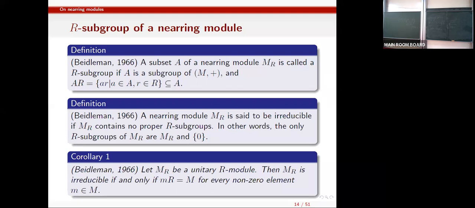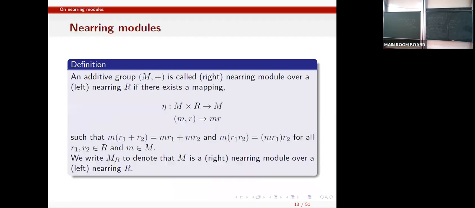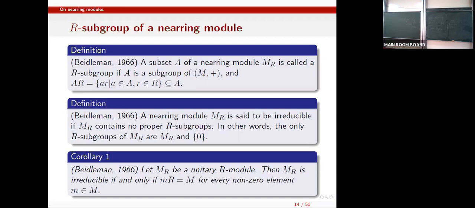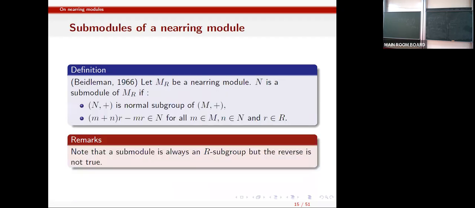What we call an R-subgroup here is a subgroup of the near-ring module which satisfies this, such as closure under scalar multiplication. And we will define what we call a submodule. Since one of the distributive laws is omitted, we do not have distributivity over the scalars. That is why we add this condition to the definition of a submodule.